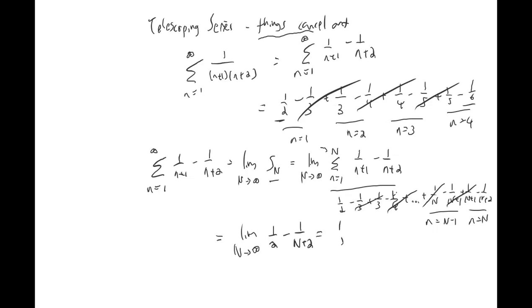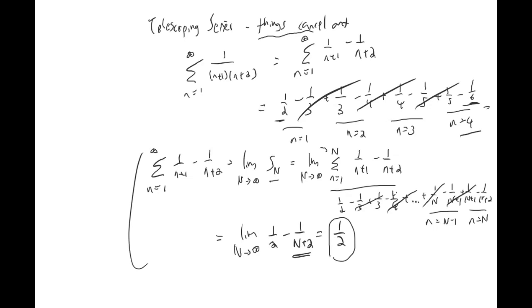Exactly. So this thing's telling you the terms here are going to get smaller and smaller. They're going to keep canceling and becoming smaller and smaller. So this thing's going to go to a half. This is like the actual proof, using the actual math definitions.